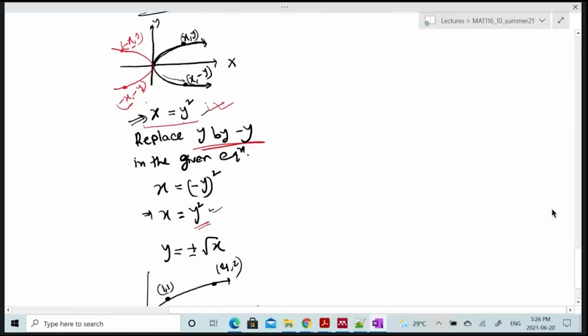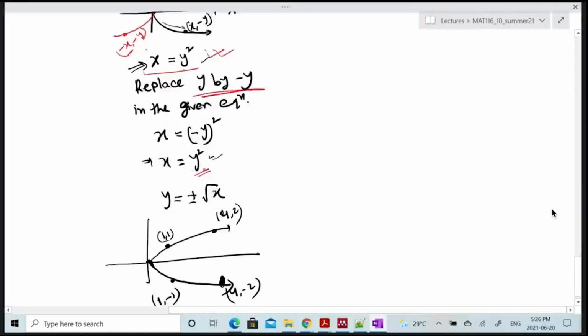Then I said that x equal to y square, this one we can rewrite as y equal to plus minus root x. Now if I want to draw this, we already know the concepts of symmetry, x-axis symmetry and intercept. So what will the intercept be? The x intercept is 0, 0 and the y intercept is 0, 0. So we have only one intercept, which is 0, 0.